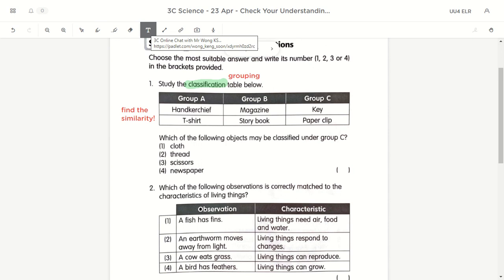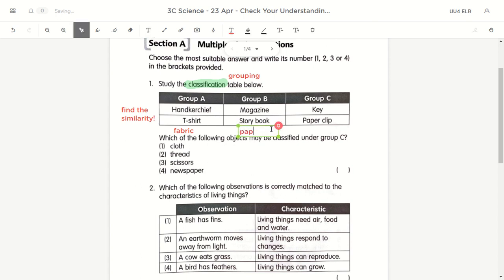So if we look at handkerchief and t-shirt, we know this is made from fabric. And for magazine and storybook, we know it's made from paper, and paper, you know, is from wood. Okay, and then for the key and paper clip, you know that it is made from metal.